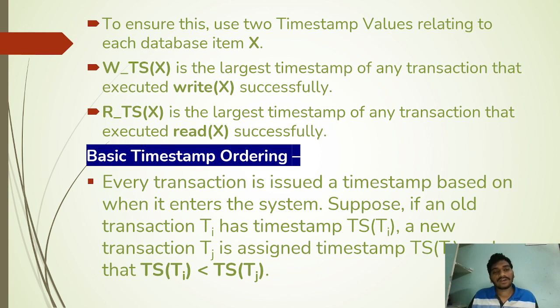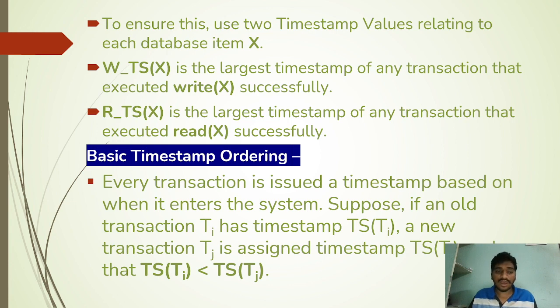Coming to basic timestamp ordering, every transaction is issued a timestamp based on when it enters the system. Suppose an old transaction Ti has a timestamp TS of Ti, a new transaction Tj is assigned timestamp TS of Tj such that TS of Ti is less than TS of Tj.